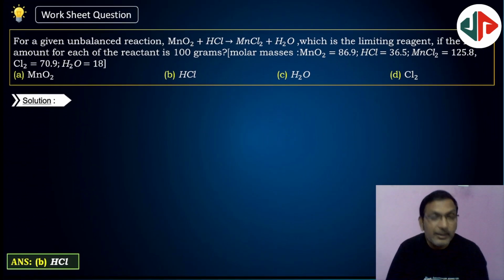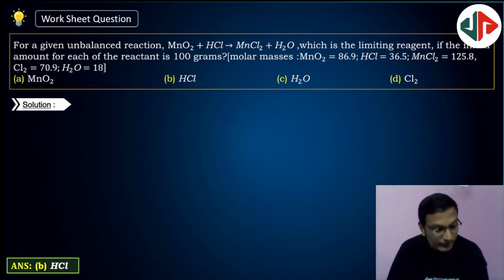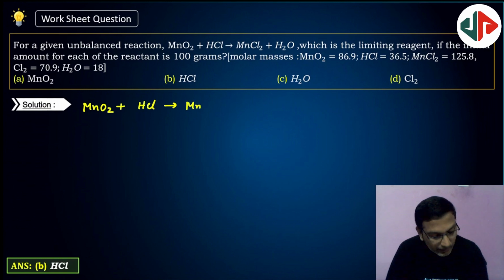First I will write the unbalanced equation. MnO2 plus HCl gives MnCl2 plus H2O.